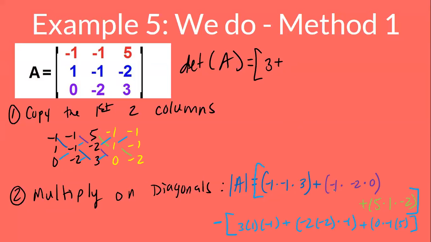Plus -1 times -2 times 0 is 0. 5 times 1 times -2 is going to give me -10. Minus 3 times 1 times -1 plus -2 times -2 times -1 gives me, and then plus 0.